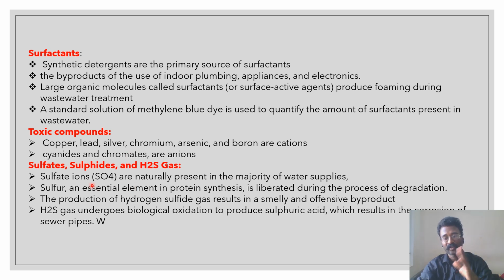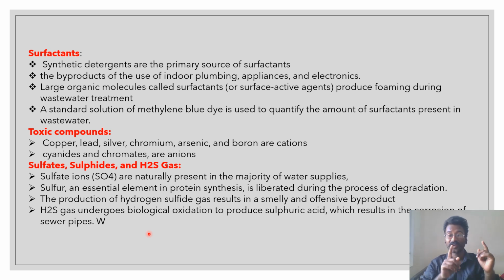Let's see about sulfate, sulfide and H2S gas. Sulfate ions, referred to as SO4, are naturally present in the majority of wastewater supplies. Also sulfur, an essential element responsible for protein synthesis, is liberated during the process of degradation.